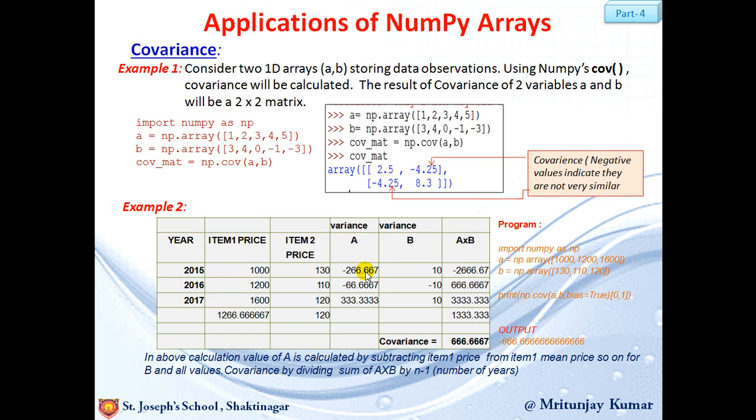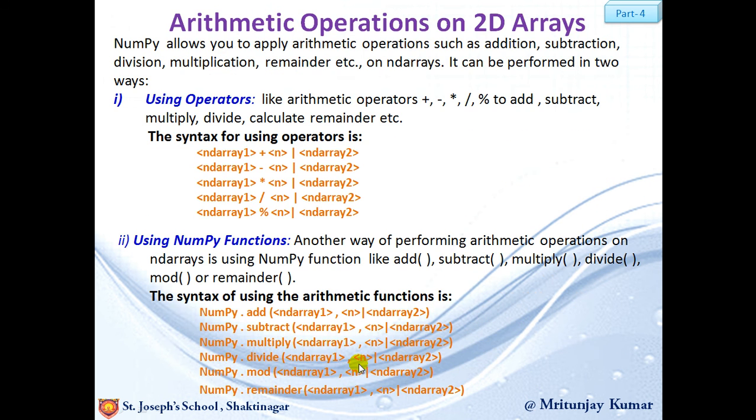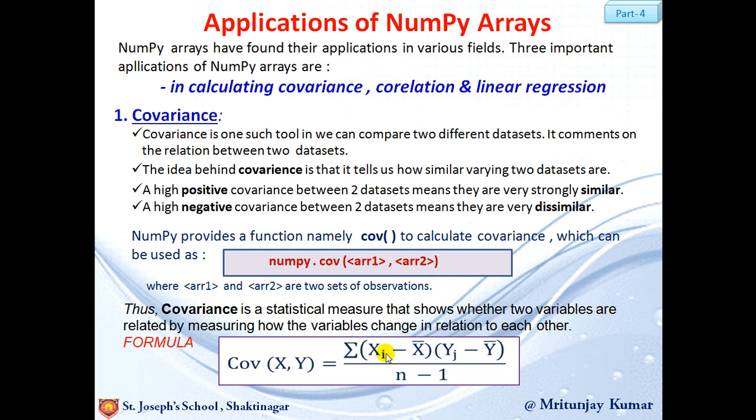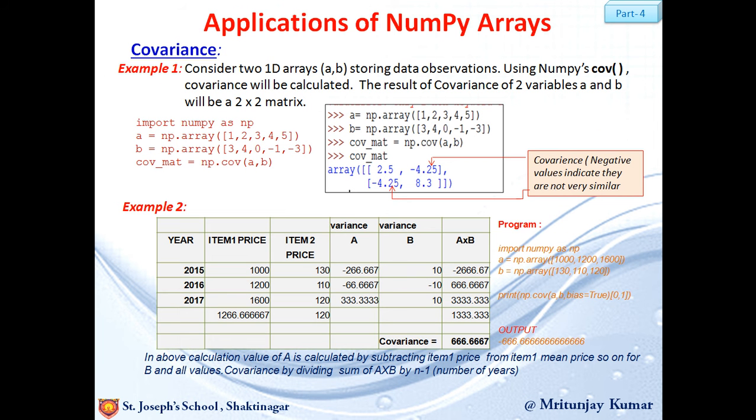So this part is xi minus x bar. Similarly variance B is also calculated, then their product, and after that the sum is calculated.